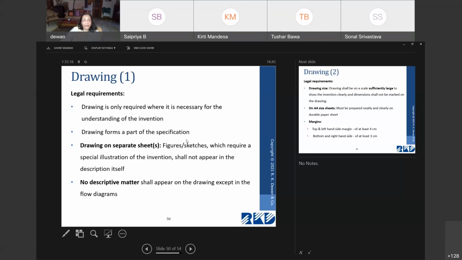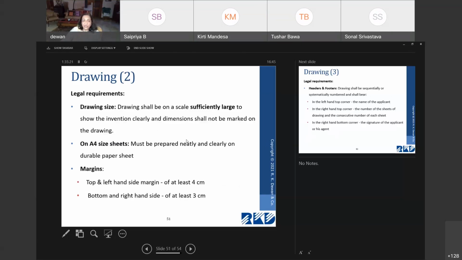drawing. Normally, the size should be sufficiently large so that it is clearly visible. Invention should be clearly visible. Don't use dimensions.